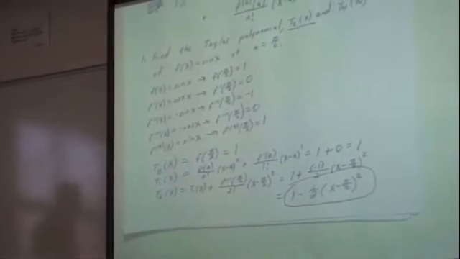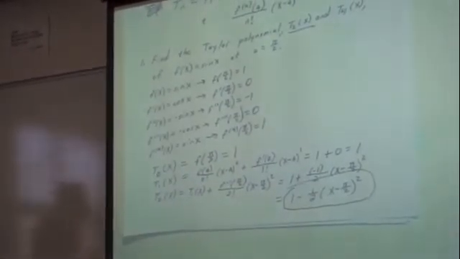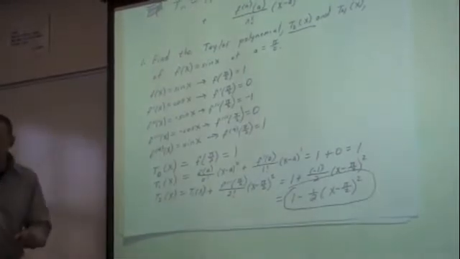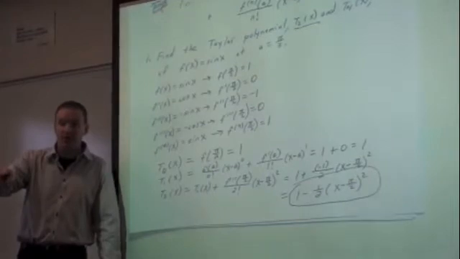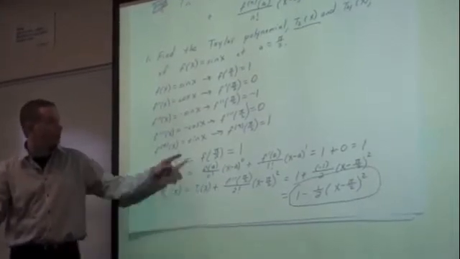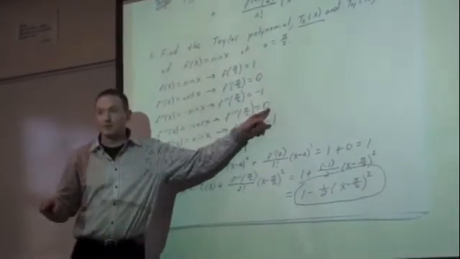Do you see why, guys? Because the first thing you'd say is T3 is equal to T2 plus the third derivative evaluated at pi over 2, but that's 0.